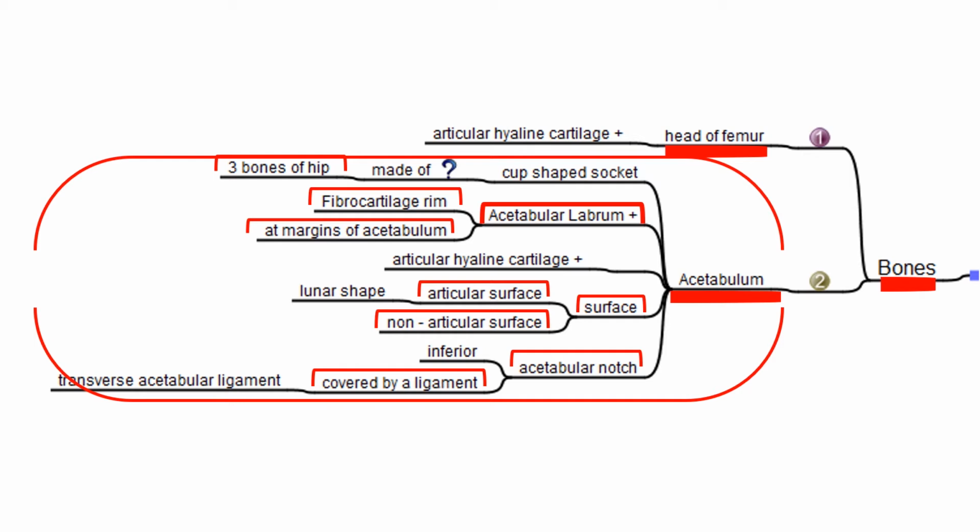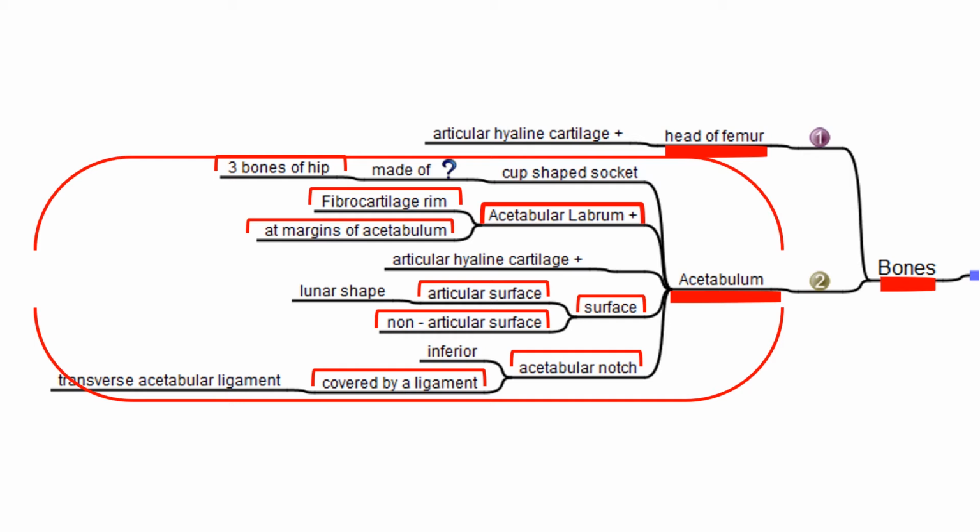The acetabulum has articular hyaline cartilage in the shape of a lunate structure, and therefore the articulating surface of the acetabulum is made of two parts. The part that articulates with the head of the femur is called the articular surface, and the center of the acetabulum is not articulating with the head of the femur.